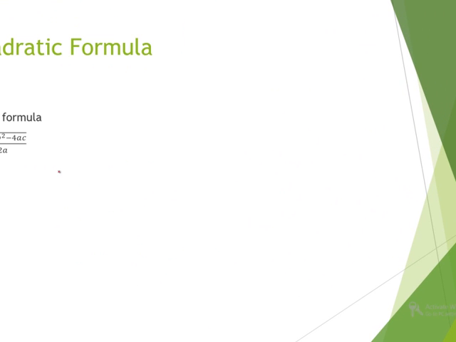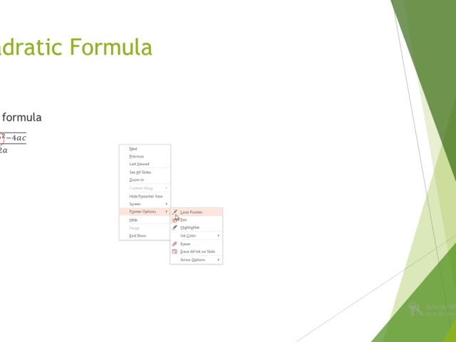Now, the formula of a quadratic. We have learned two ways. One way is the completing square method, and the other is factoring. The third method is using the quadratic formula. Now here we have b. Let's change the color of the pointer if we can.